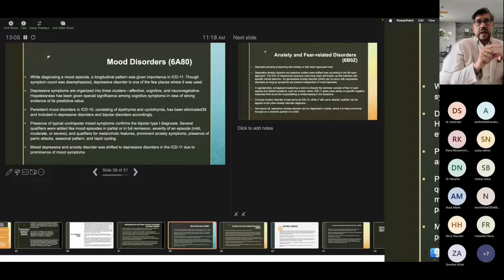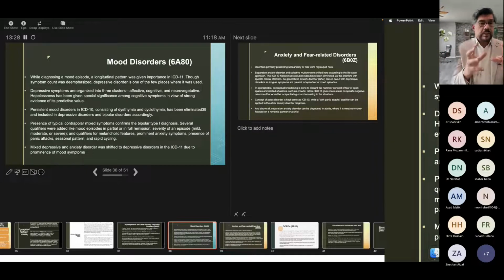Now, ICD-11 actually longitudinally sees the mood disorders. So even if somebody had the first episode at the age of 26 and the second episode at the age of 42 or 47, it will be considered as an episode. That's the major difference.